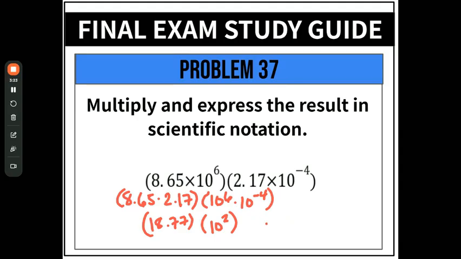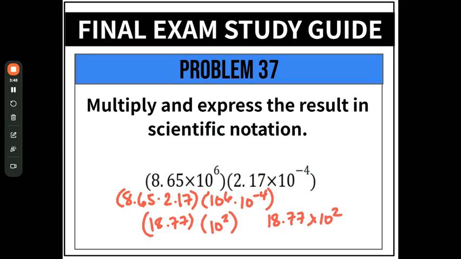So if I rewrite this like how we would normally see a scientific notation problem, I would rewrite it as 18.77 times 10 squared. Now, what's wrong here? Well, rules of scientific notation state that the first number must be between 1 and 10.